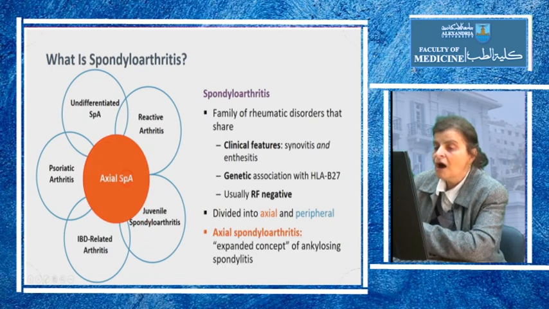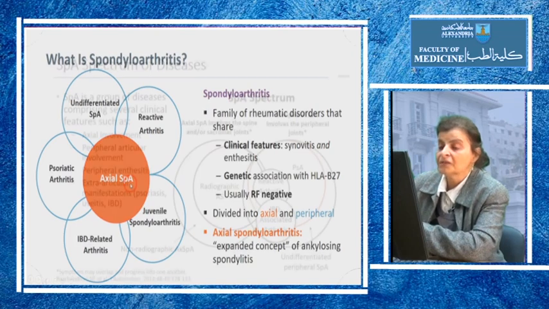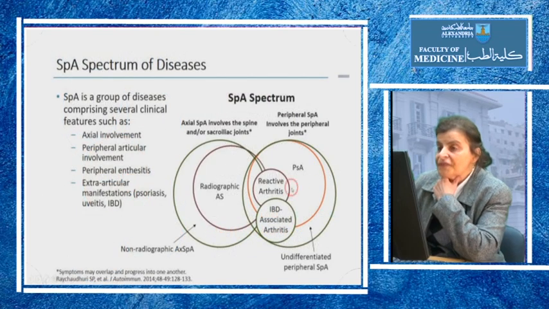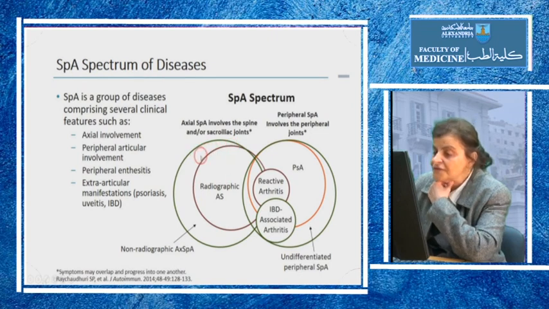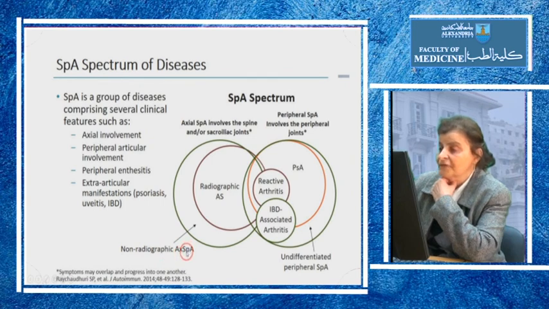And at the heart of these conditions is, of course, axial spondyloarthritis, which is the expanded concept of what we used to know as ankylosing spondylitis. So when you think of spondyloarthritis, you should think of it as a spectrum where we have axial involvement, which includes the spine or the sacroiliac joints, and this is further subdivided, as we will see as we go along, into radiographic axial spondyloarthritis and non-radiographic axial spondyloarthritis.